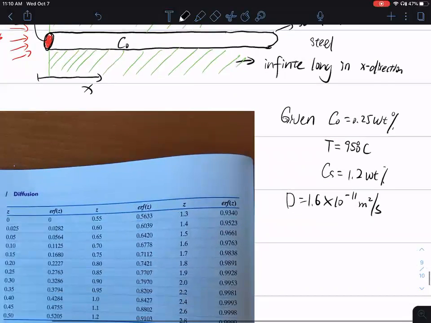And what we need to find is how long it takes to achieve a carbon concentration of 0.8 weight percent at a certain location, which is x equals 0.5 millimeters.